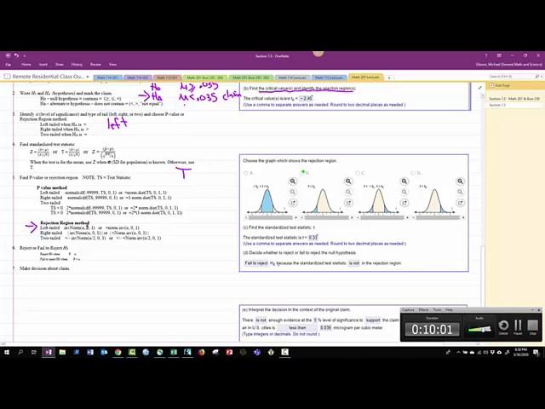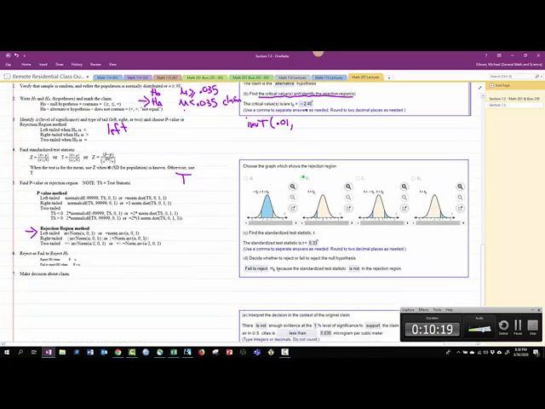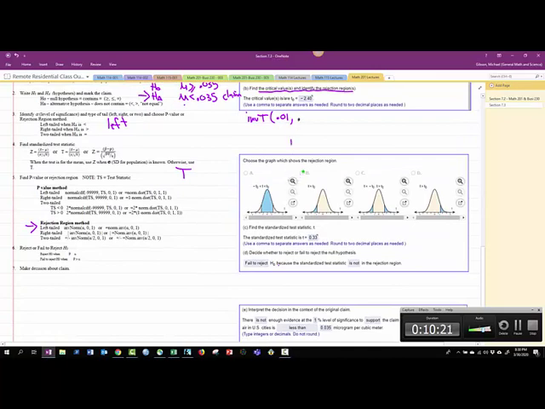When it's left-tailed or right-tailed, we just put in alpha instead of alpha over 2. So the alpha is 0.01. The degrees of freedom, see the sample size is 55, so the degrees of freedom is 54. And you put this together, and out will come negative 2.4. Okay, and this is left-tailed, that's negative, that's all good.